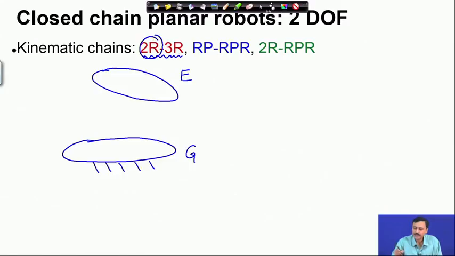So, the 2R leg is like this: you have R here and R here, and the other leg is a 3R leg. And this one is your end effector.